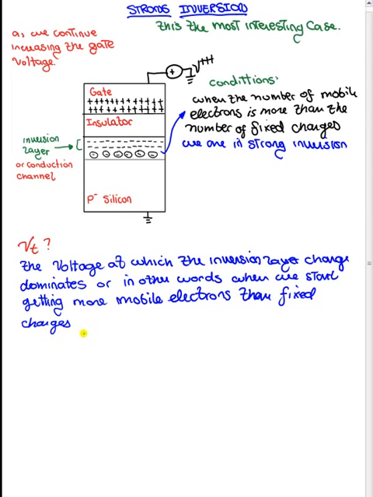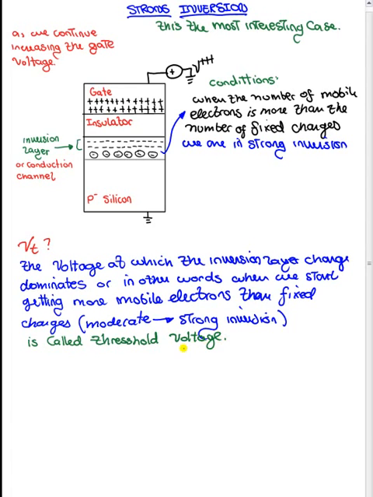At the point where we go from moderate inversion over to strong inversion. This is called the threshold voltage. So that's how you write it.